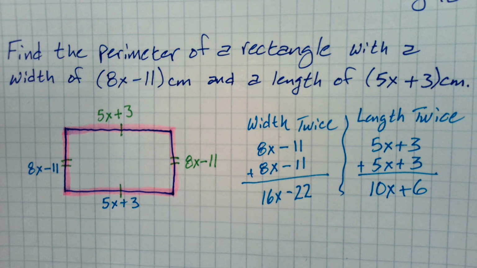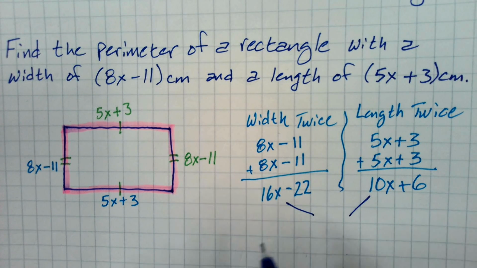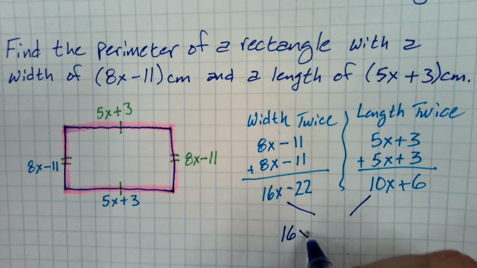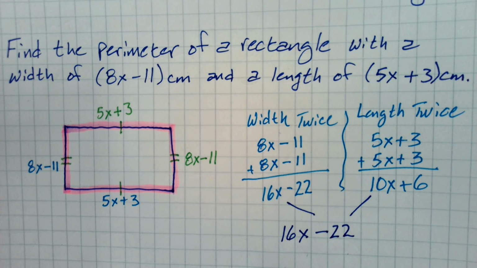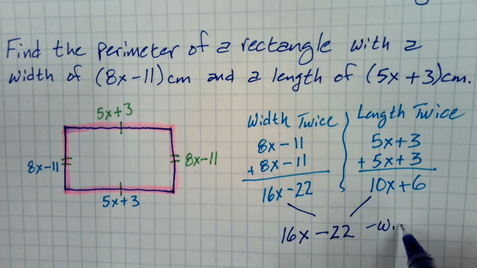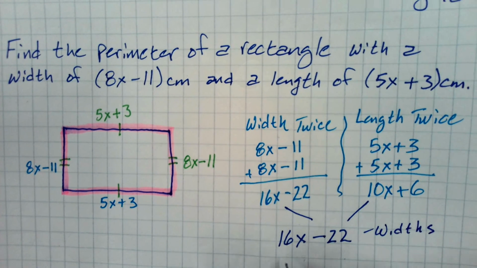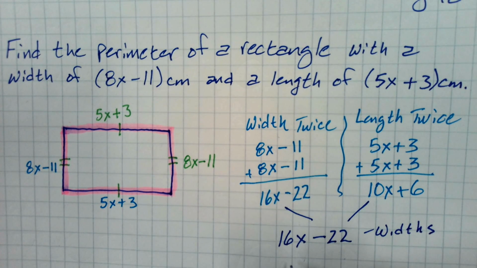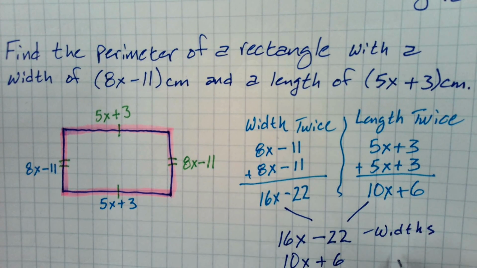So now what do I have to do? Yeah. Basically, I take those two and add them. I take 16x minus 22, right? And add it with, these are the widths, and then the lengths, 10x plus 6. Okay?